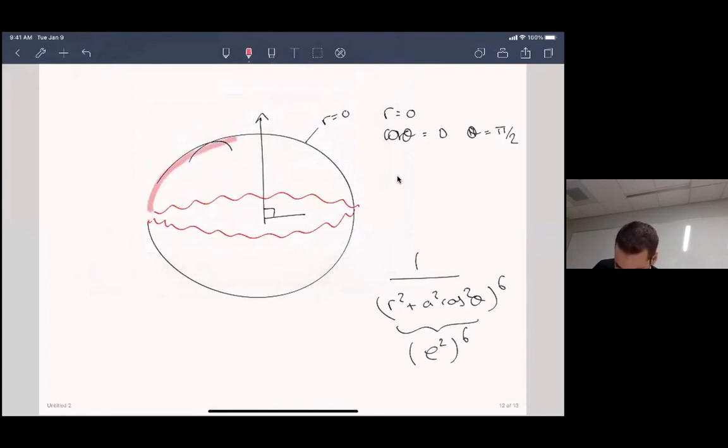Can anybody tell me what happens when they take an orange and cut it through the middle? What do they produce? They produce two components. And what are the surfaces of those components? What are the peels? The peels are hemispheres, right? This is a hemisphere.